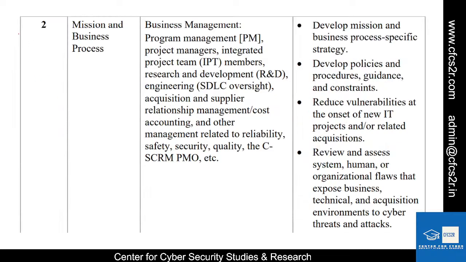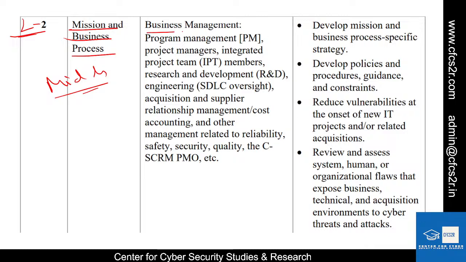Then at level 2, we have mission and business processes. In this level, things are in a very different tone. Why? Because the people are basically from mid-level management, and they are the people who are taking care of the entire organization.